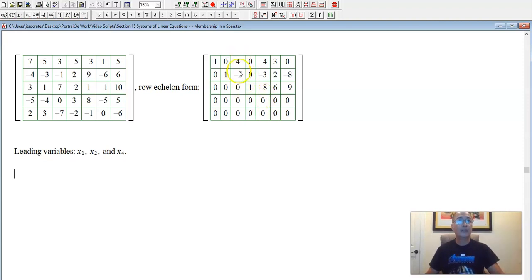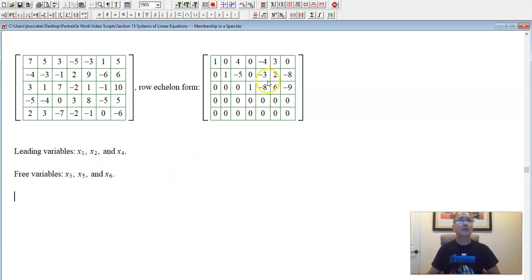So we have a free variable in column 3, column 5, and column 6. Our free variables are x3, x5, and x6. So quick check, all 6 variables appear here exactly once: x1, x2, x3, x4, x5, and x6.